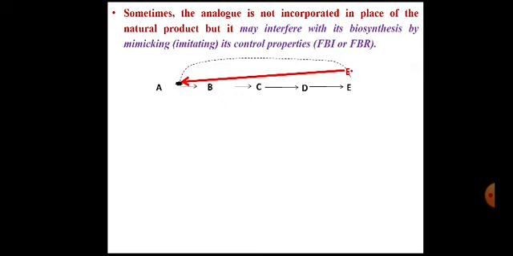Whereas if E star goes in place of E, that means the analog goes in place of the normal control metabolite, it will bind to that first key enzyme and permanently inactivate it. That is the difference between control by E and toxicity by E star. Ultimately, due to permanent damage to the enzyme, the cell is going to die.